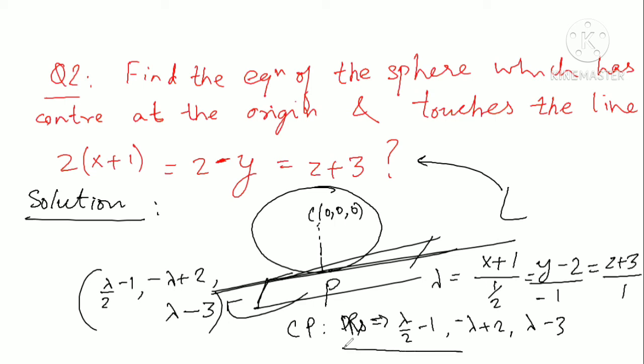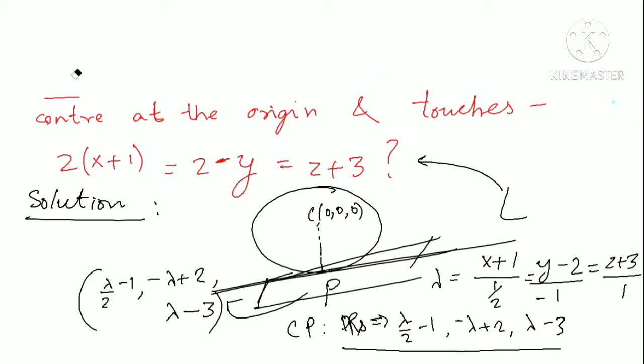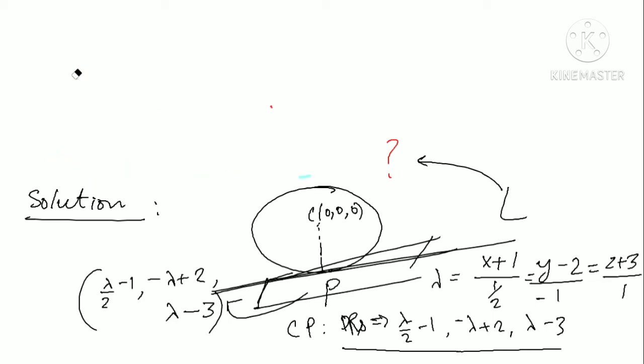So we get the direction ratios of CP as this: lambda by 2 minus 1, then 2 minus lambda, and then lambda minus 3. Let me just erase some part because there's some lack of space. Okay, so now we got the direction ratios of CP.